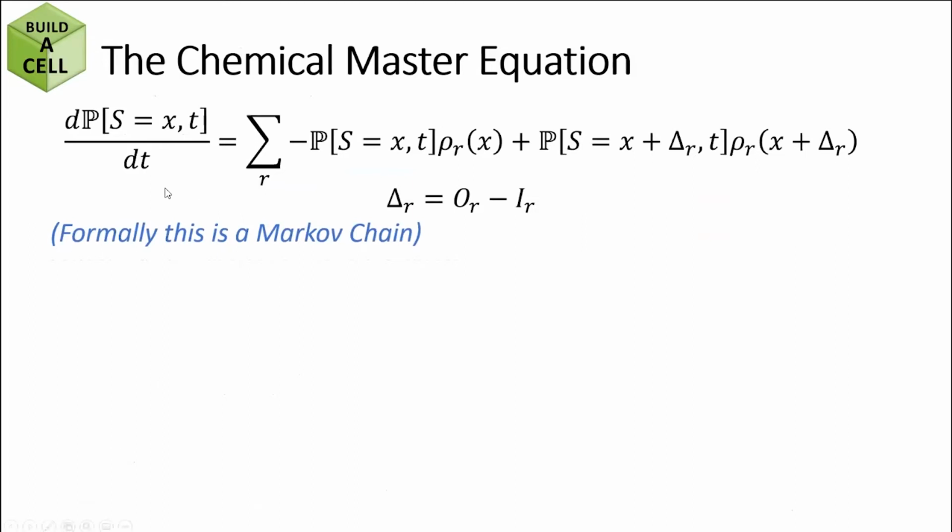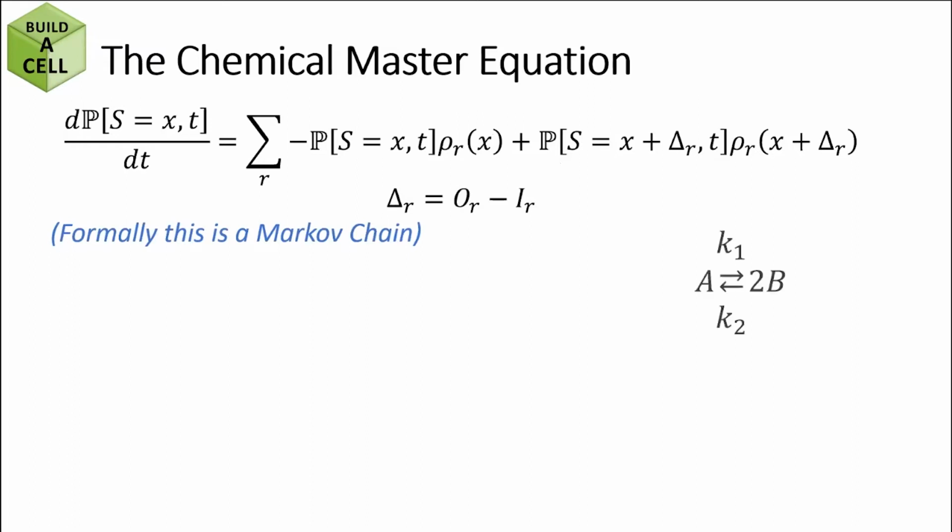And it's changing in time according to this equation, which looks fairly complicated, but all it's really saying is that I have outgoing probability, which is the probability that I'm in my particular state x times all of my reactions leaving that state. And I have incoming probability, which is the probability that I'm in a state that's one reaction away, and the probability of that reaction occurring and putting me into the state that I'm in now. So formally, this is called a Markov chain, if you're familiar with that stochastic model.